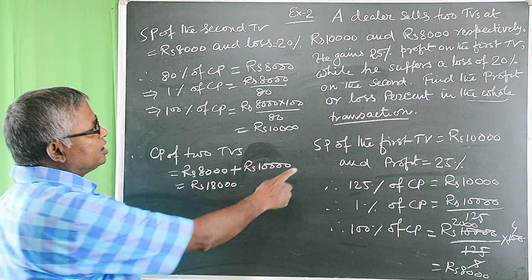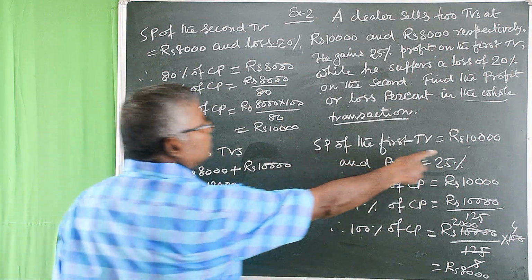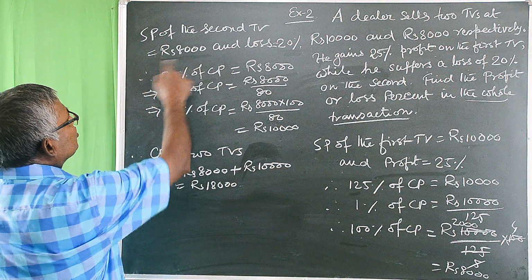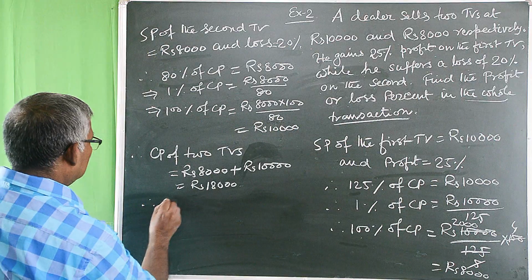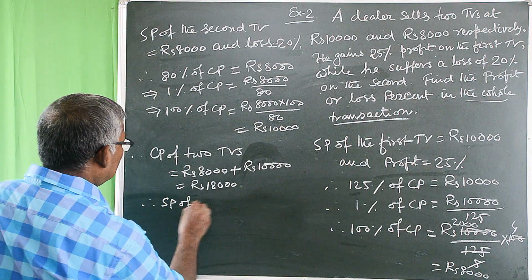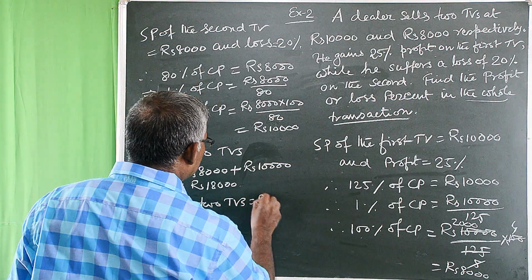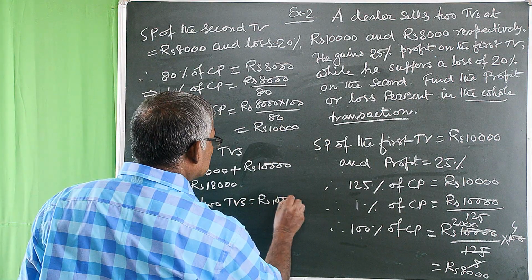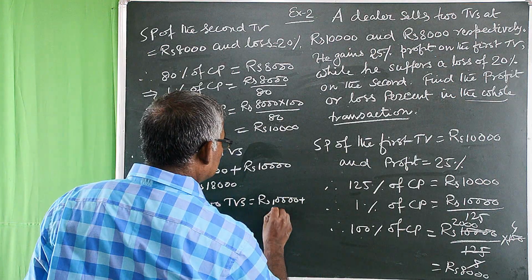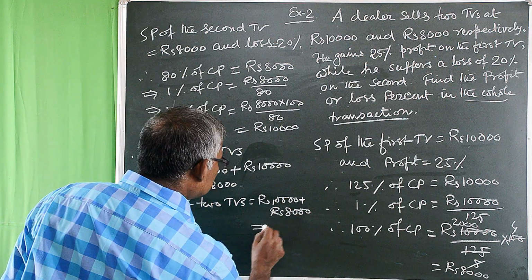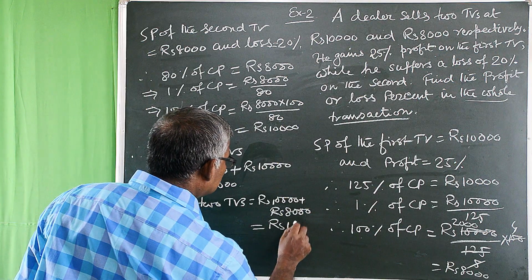Here it is given that the selling price of the first TV is rupees 10,000 and the selling price of the second TV is rupees 8,000. Therefore, the selling price of two TVs equals rupees 10,000 plus rupees 8,000, which equals rupees 18,000.